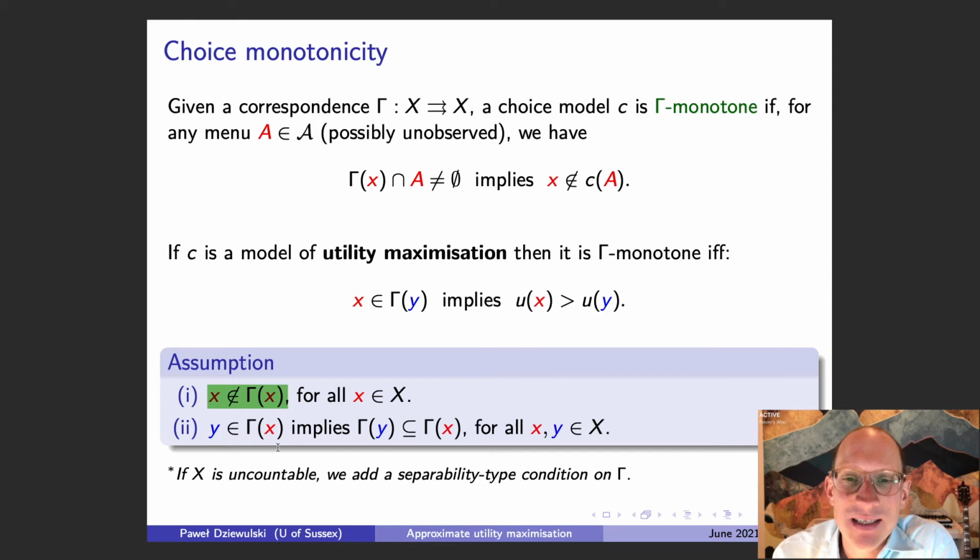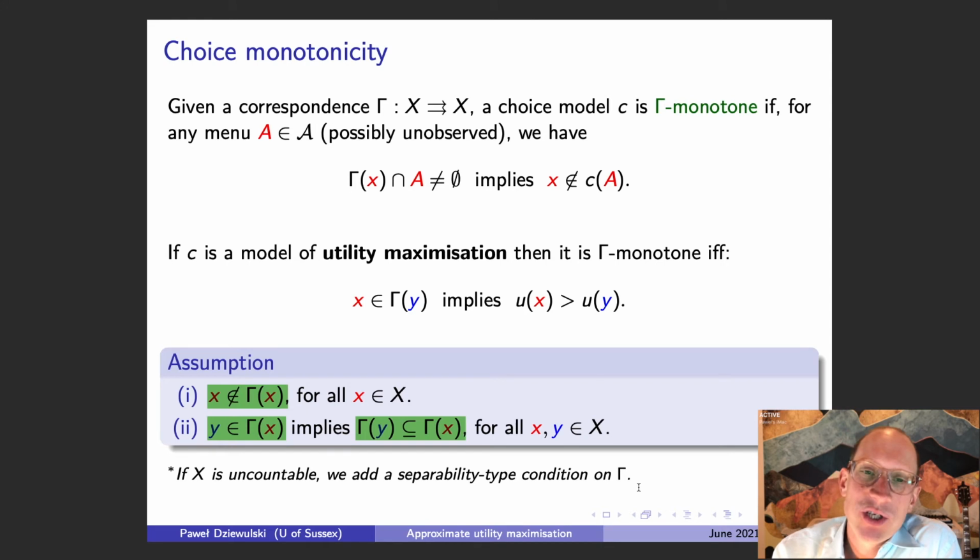And the second one is a transitivity-type condition: if Y is objectively better than X, then anything objectively better than Y has to be objectively better than X. Then if X is uncountable, so if the space of alternatives is uncountable, we add one more separability condition on gamma, but it's just a technicality, so I will skip it. And it doesn't really play much of a role in the results.